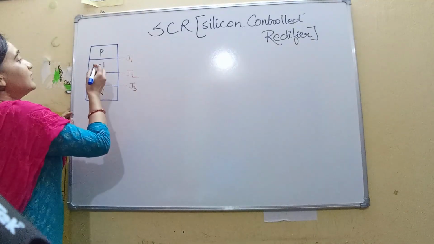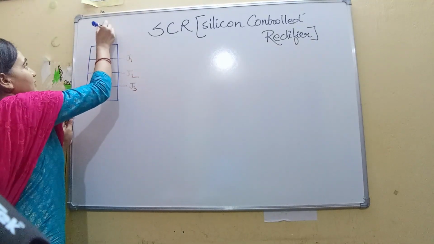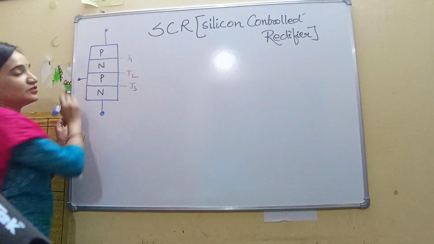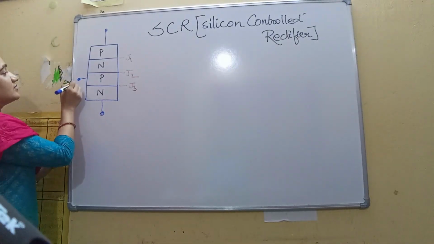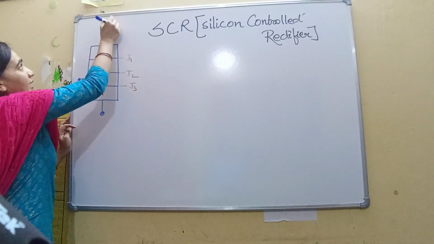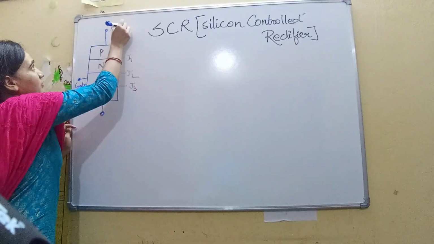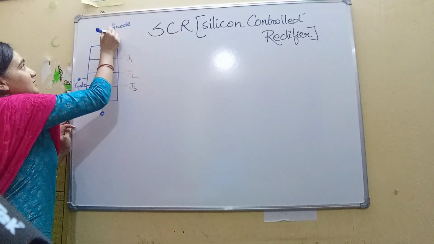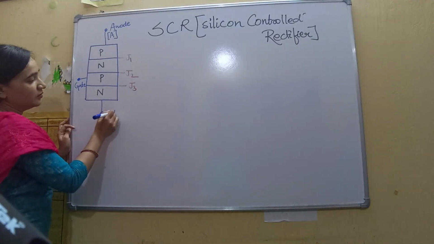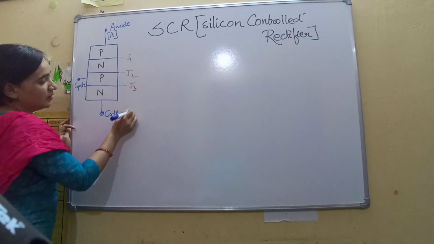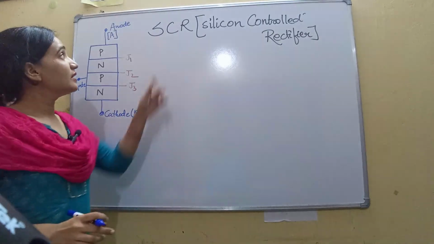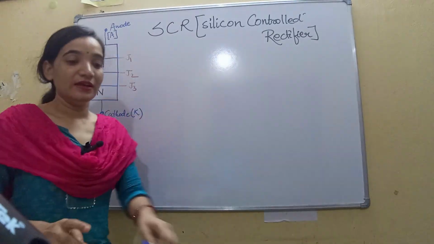Here there are three terminals: one, two, and three. This one is the gate, anode represented as A and cathode represented as K.